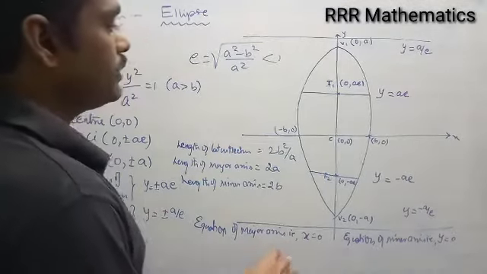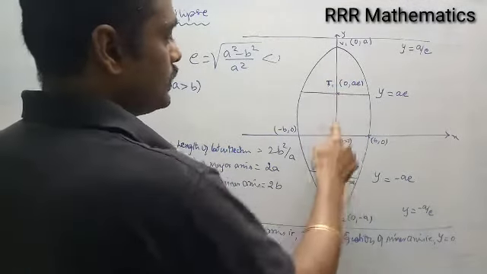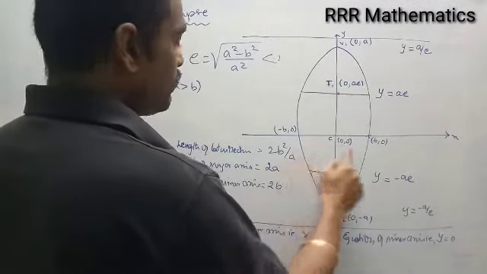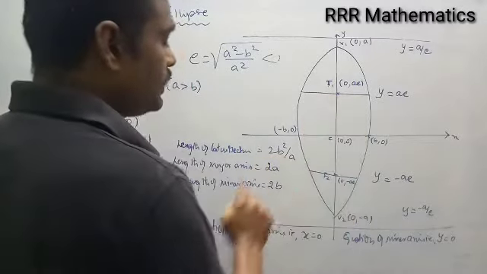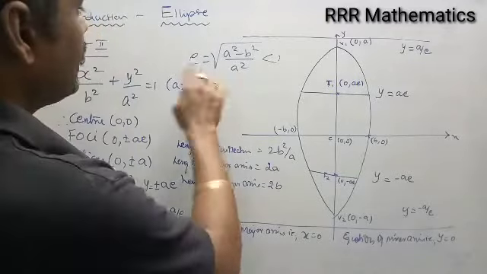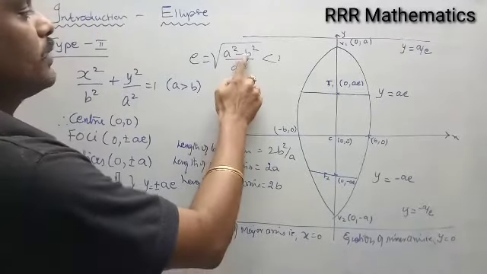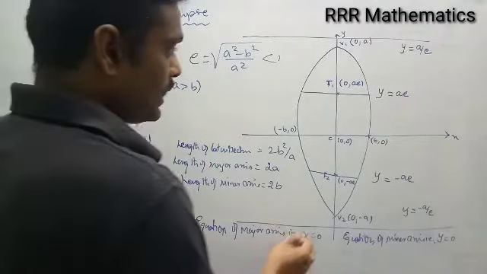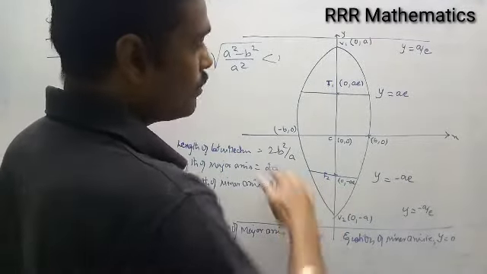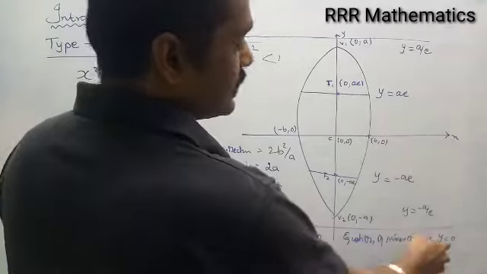Okay, and your length of major axis A plus A, 2A, minor axis B plus B, 2B. Your length of latus rectum will be 2 times B square by A. Always for finding the value of E, which is nothing but square root of A square minus B square by A square, which is less than 1. Equation of major axis is y axis, that is x equal to 0. Minor axis will be x axis, that is y equal to 0.